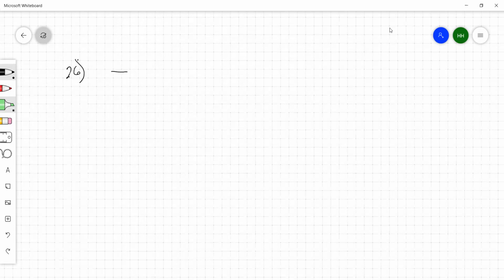You were given this right triangle. One leg is A, another leg is 21.